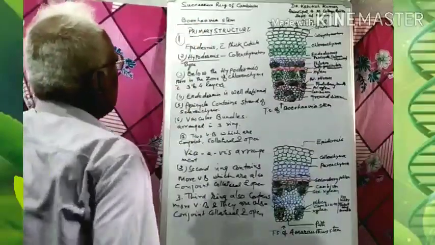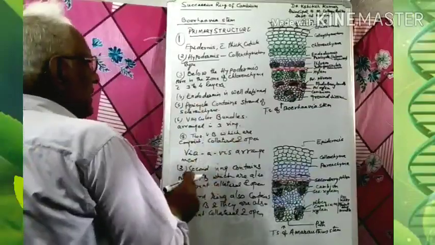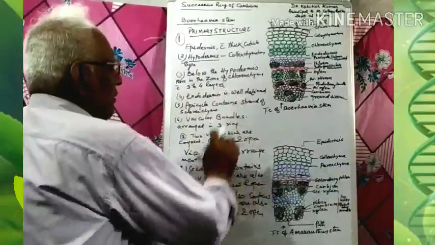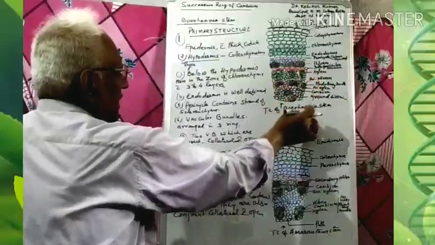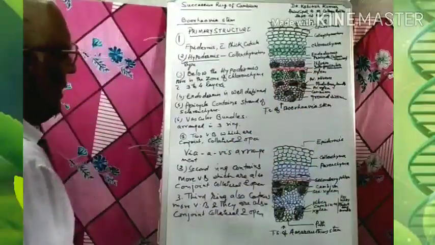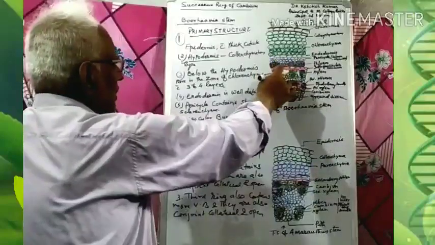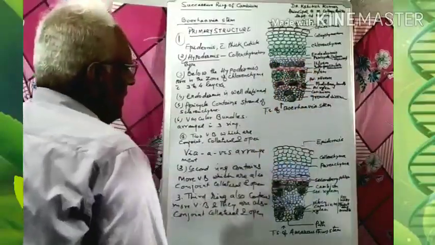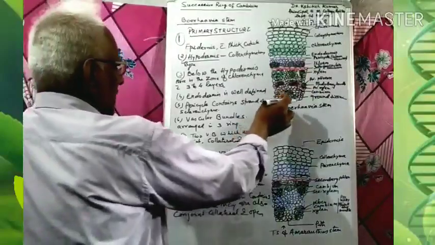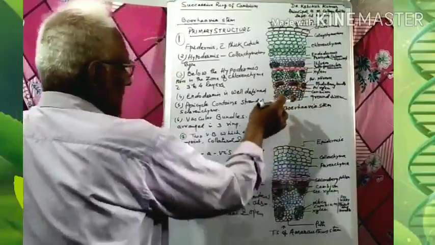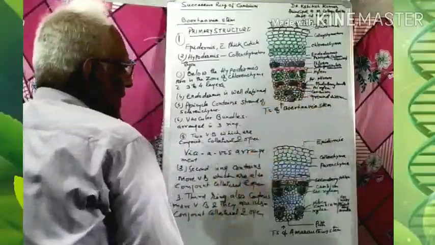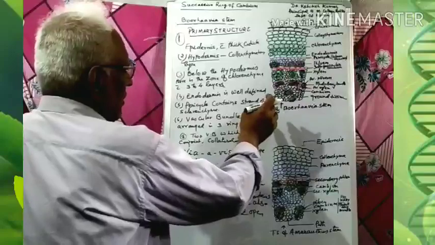Why is it called successive ring of cambium? Because in this case the outermost ring of the vascular bundles, that is the third ring, just below the pericycle, starts secondary growth, and the second layer also forms secondary tissue.